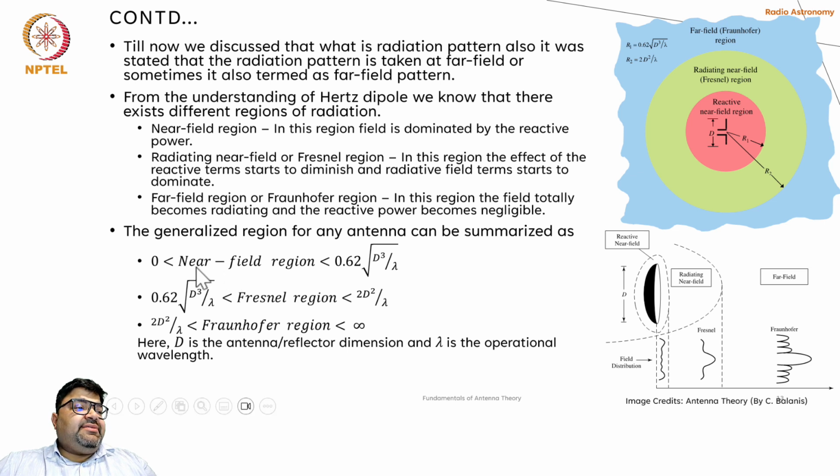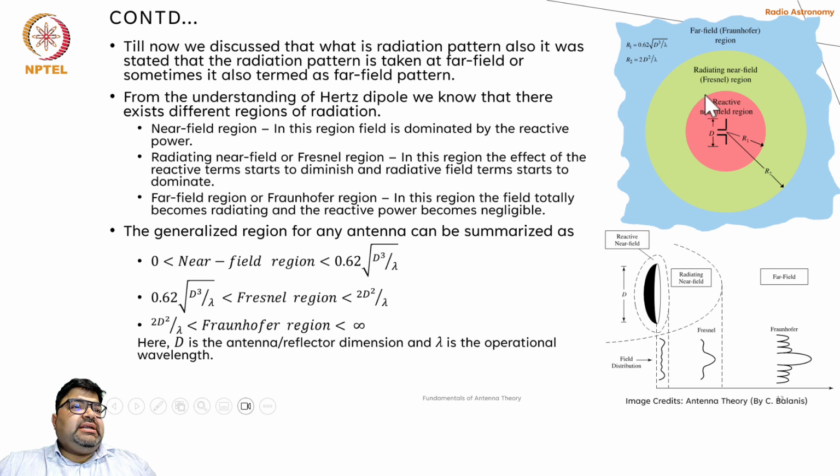That is summarized in this schematic. From the antenna, the origin, to a particular value, 0.62 square root of d cube over lambda, is called the near field reactive zone. From there up to 2d square over lambda is called the Fresnel zone or radiating near field zone, where the reactive term is almost vanishing and you have a radiating zone.